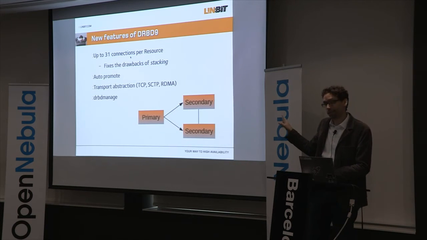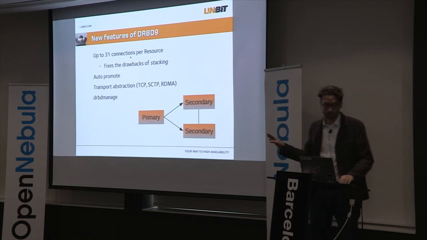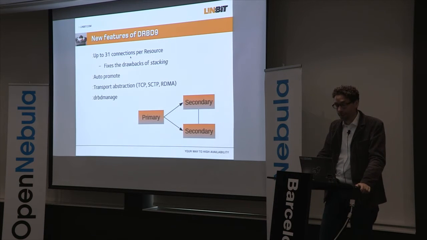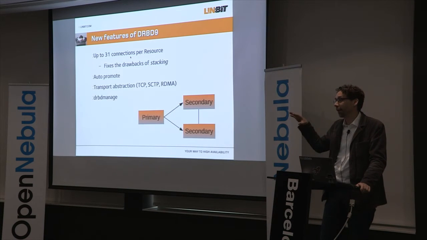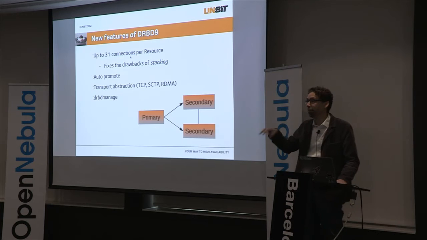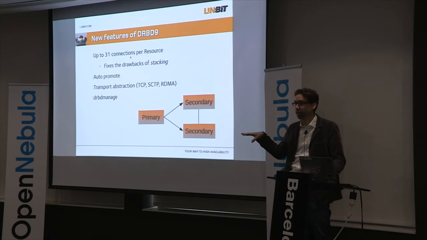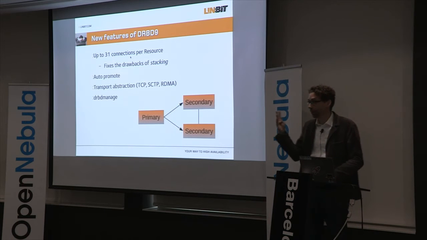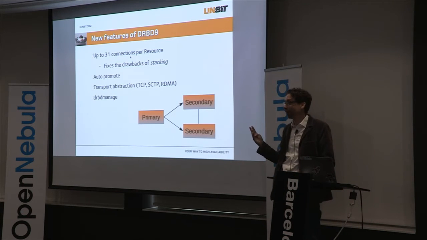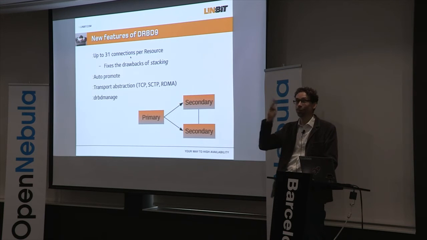SCTP is on the to-do list. And there is a management component, DRBD Manage, and that is like the middleware that binds DRBD to your cloud system, to OpenNebula. Okay, so we have 4 new features. So if you remember something from my presentation, remember the number 4.